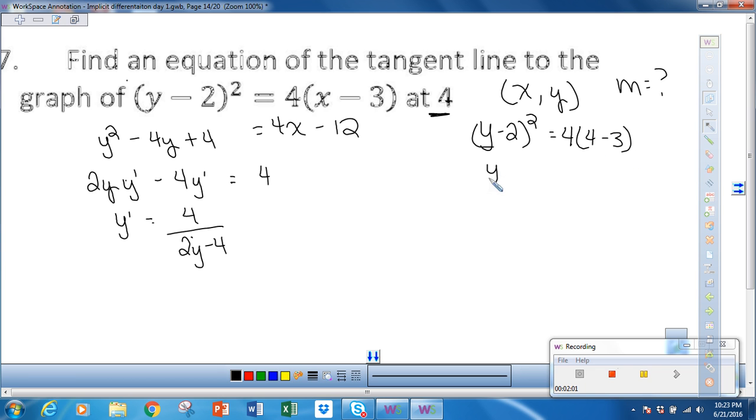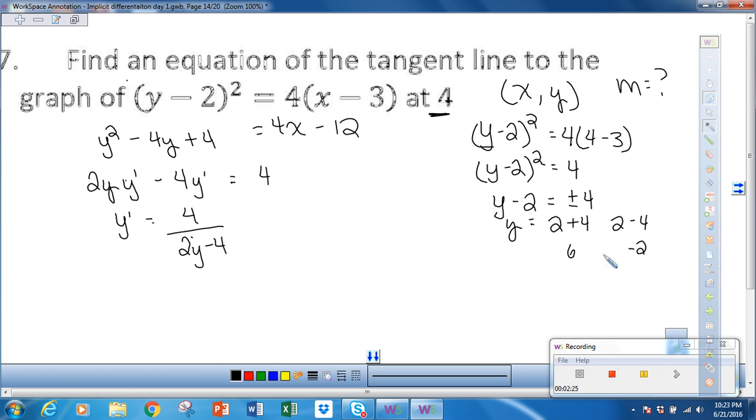So we get y minus 2 squared is equal to 4. And then we can take the square root of both sides, so we get y minus 2 is equal to plus or minus 4. So y is equal to 2 plus 4, which is 6, and 2 minus 4, which is negative 2. So we have two values for y.